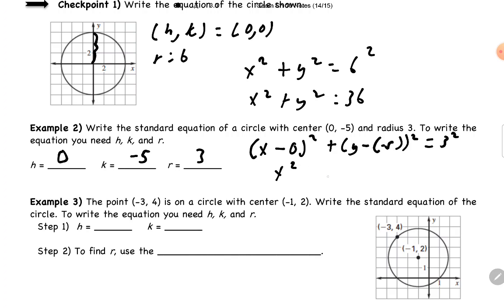So x squared plus y plus 5 squared, and you can keep it like that. You don't need to FOIL because this is already simplified, equals 9. That's it. That's all you need to do.